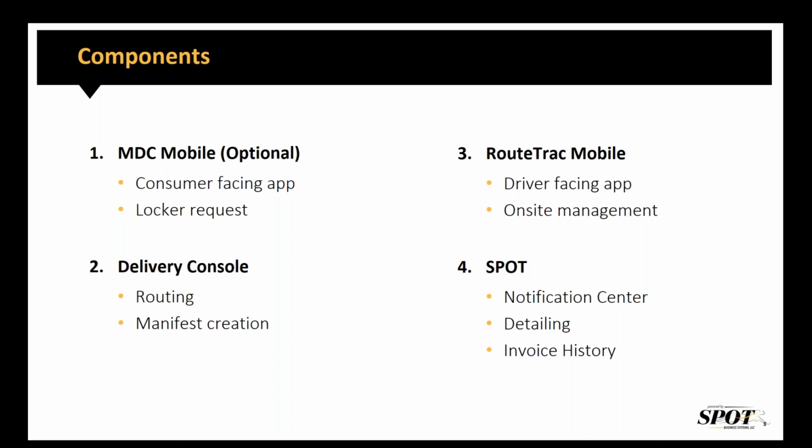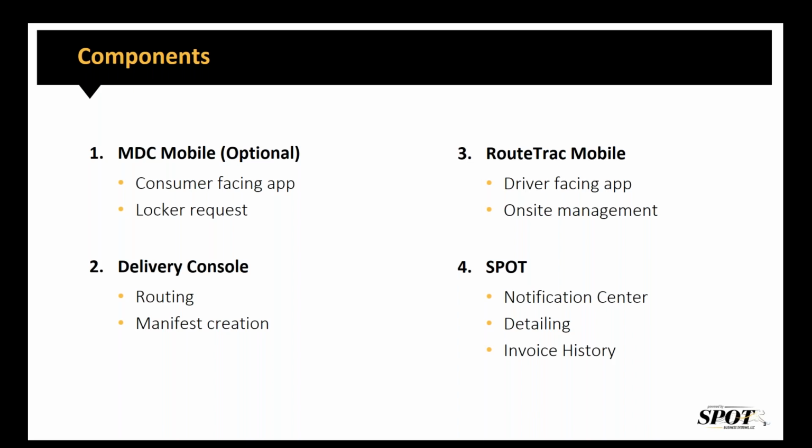On top of that, also the orders that you detail that come from the locker banks, Spot will be in charge of making sure that that detailed order is associated with a locker event. That way it can be placed on a route plan from delivery console and delivered at the appropriate time.